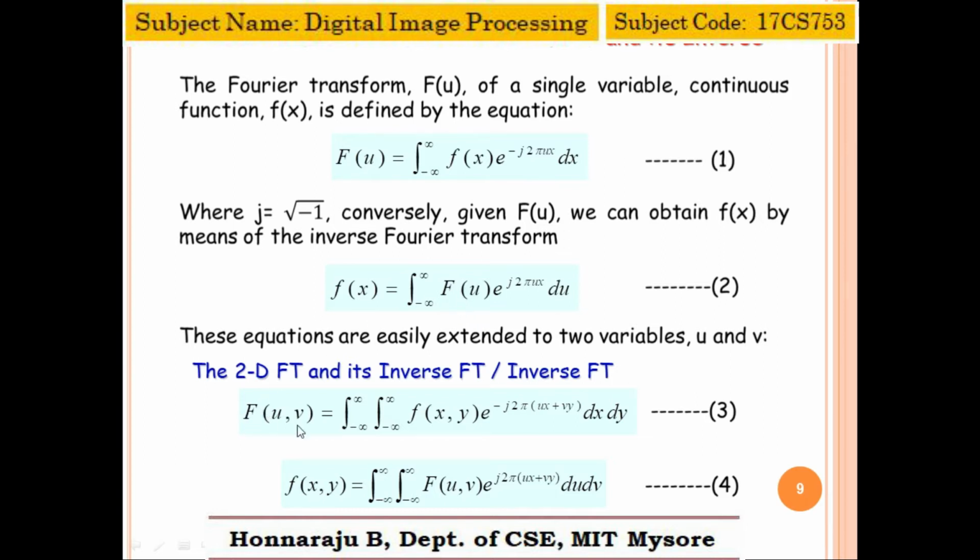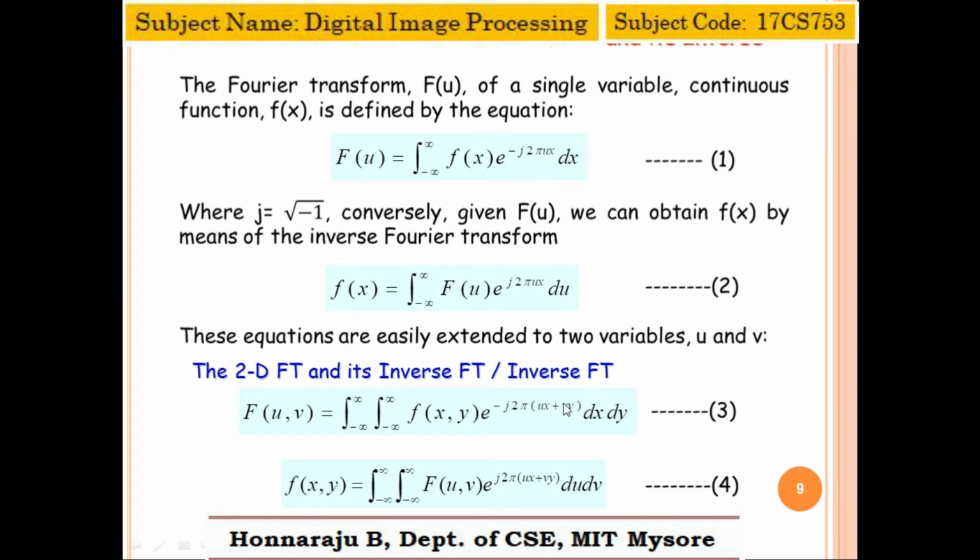We can easily extend from 1D to 2D by using two variables u and v. So F of u comma v is equal to the integral from minus infinity to infinity of f of x comma y into e to the power of minus j 2 pi (ux plus vy) dx dy.